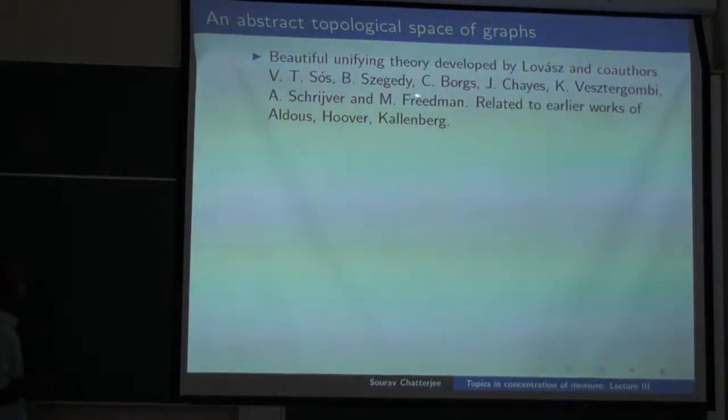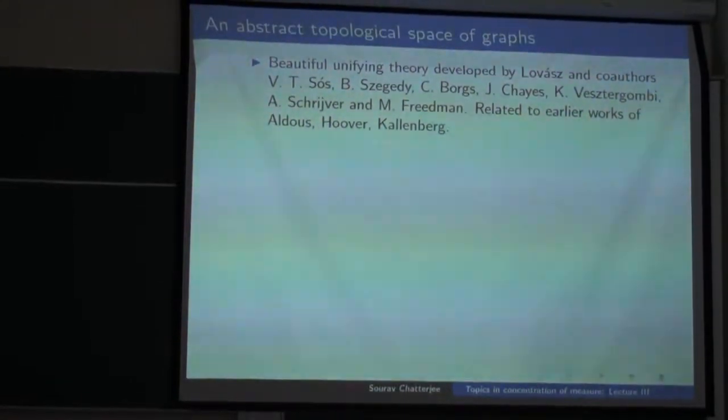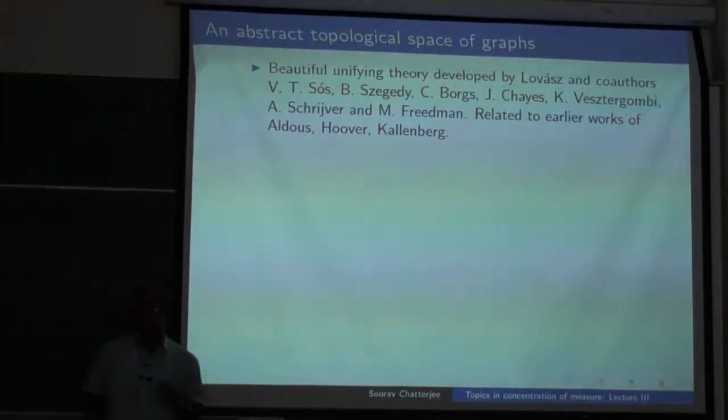Okay, so now we'll make use of a theory of graph limits developed by Laszlo Lovász and a long list of distinguished co-authors. And this is related to some early works of Aldous, Hoover, Kallenberg, and so on in probability theory.